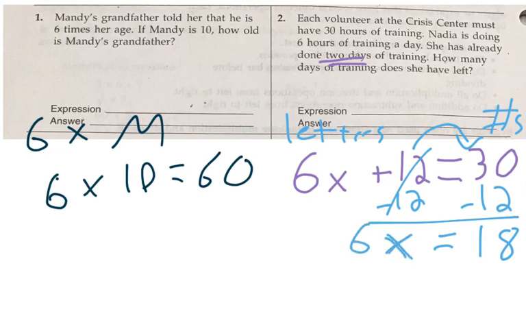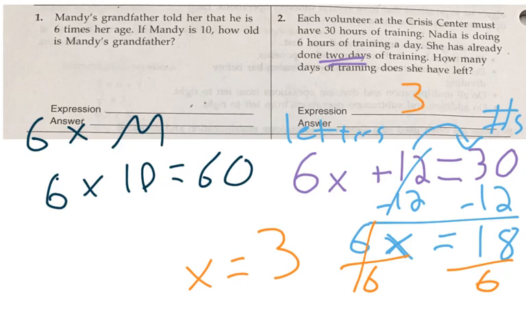So remember, anytime that a number is next to a letter, that means that we're multiplying. So we have to do the opposite, and we have to divide. So we're going to divide both sides by 6. And 18 divided by 6 gives me 3. So how many days of training does she have left? 3.